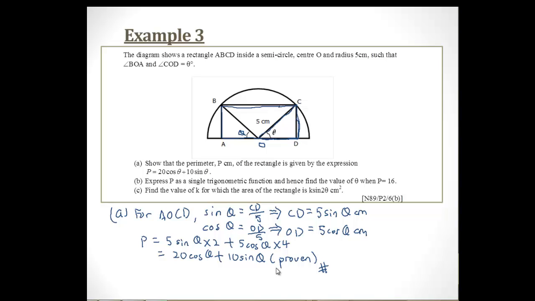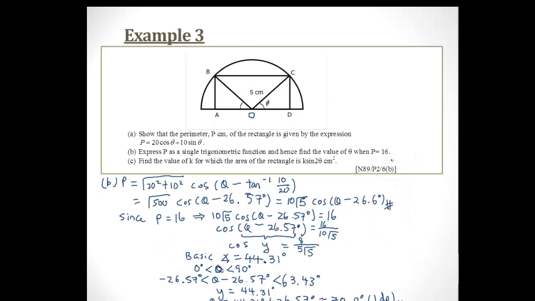Let's continue with part B. In part B, we are supposed to express P as a single trigonometric function. The single trigonometric function tells us that we need to apply our R formula.